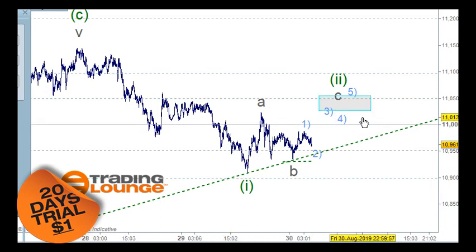You don't want to short it sitting above 11,000, because while it's above 11,000 the weight of the market is not on your side. If you want to get your timing right, then you need to be on the right side at the right time. And to do that in a safe way, you need some certain elements on your side. Yes, you could short it right up here and you could be correct, and you'll sleep well and be happy for the week.